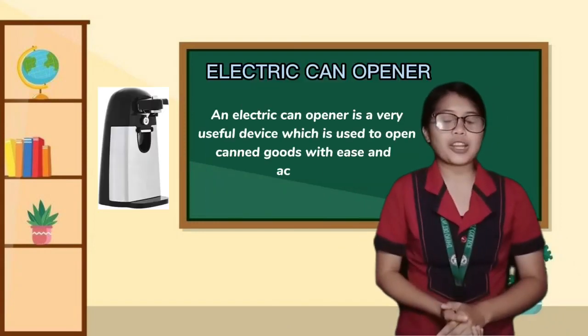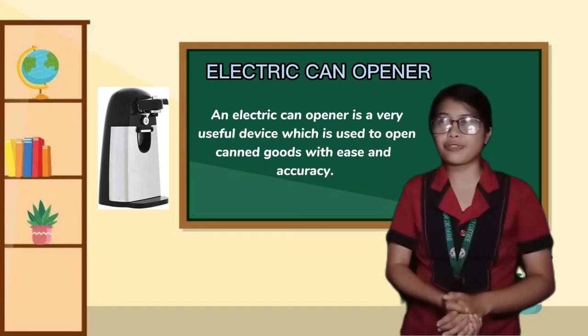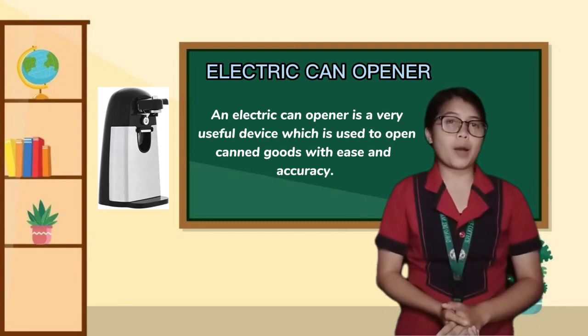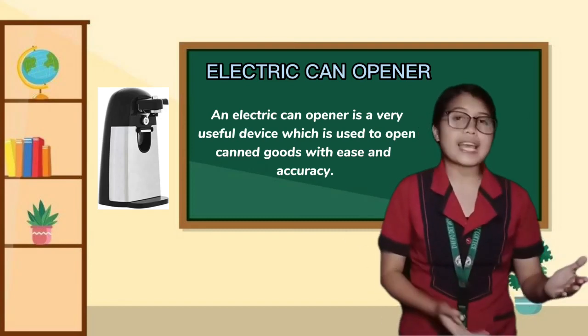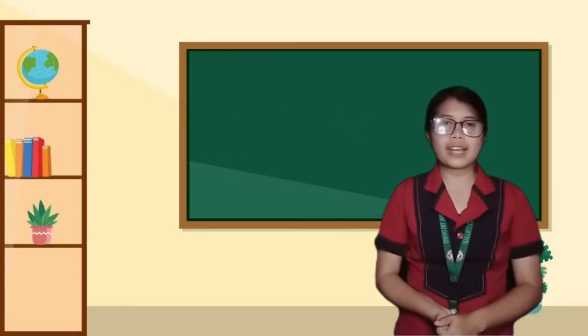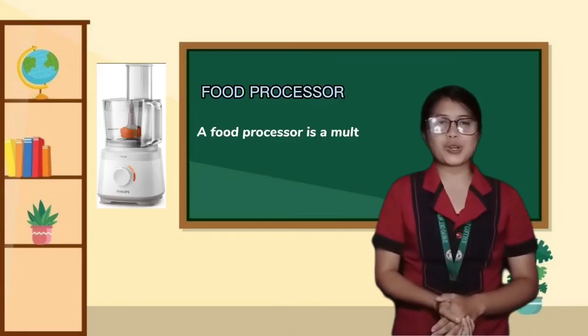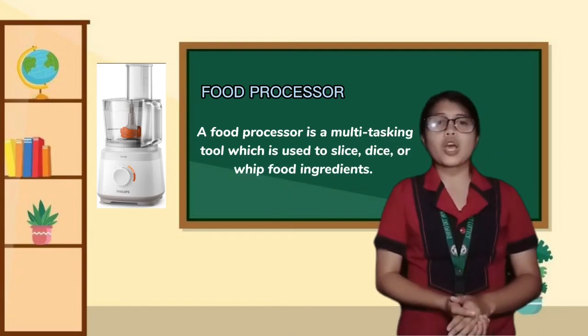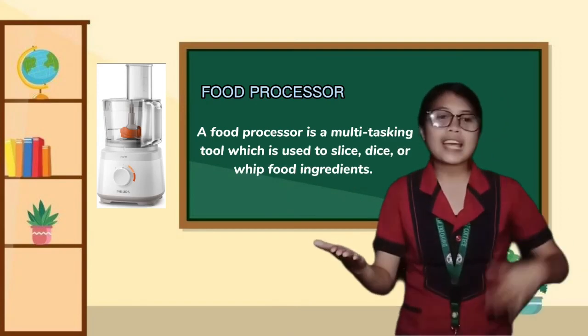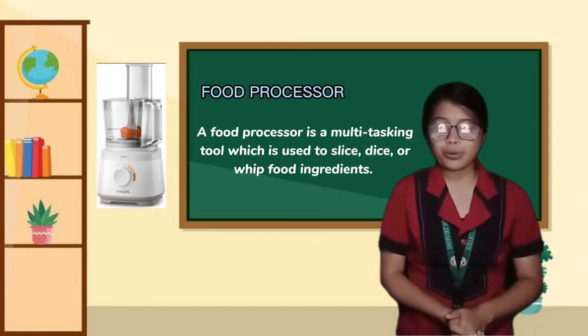Next, we have electric can opener. So an electric can opener is a very useful device which is used to open canned goods with ease and accuracy. Then next we have the food processor. So a food processor is a multitasking tool which is used to slice, dice, or whip food ingredients.